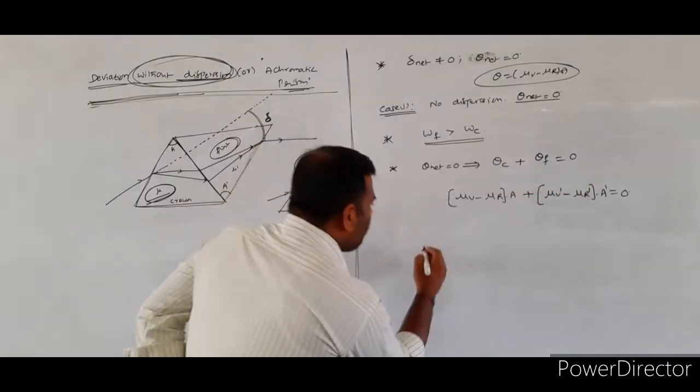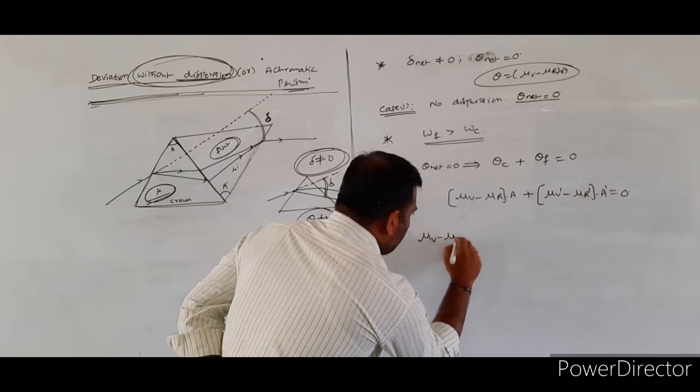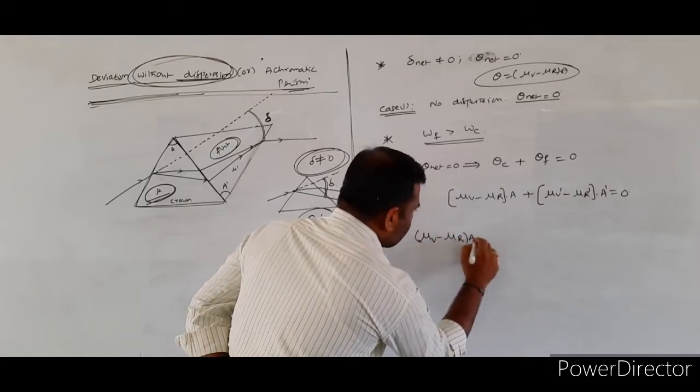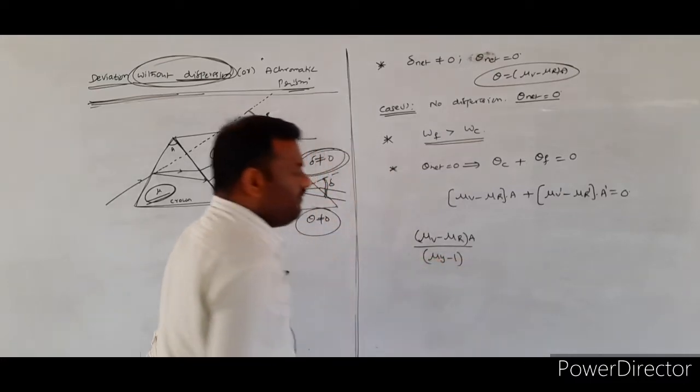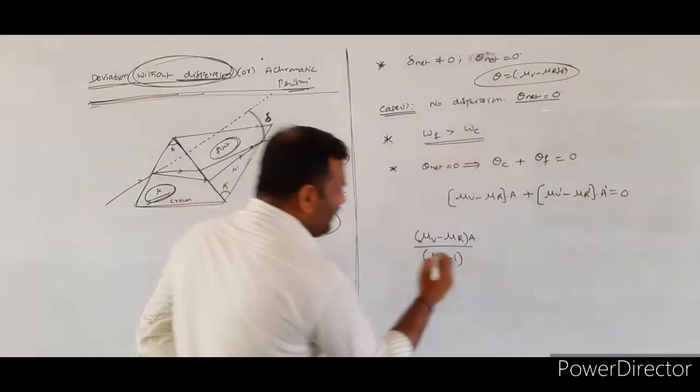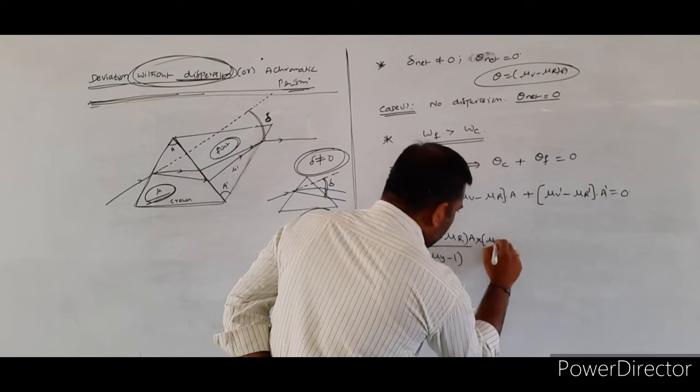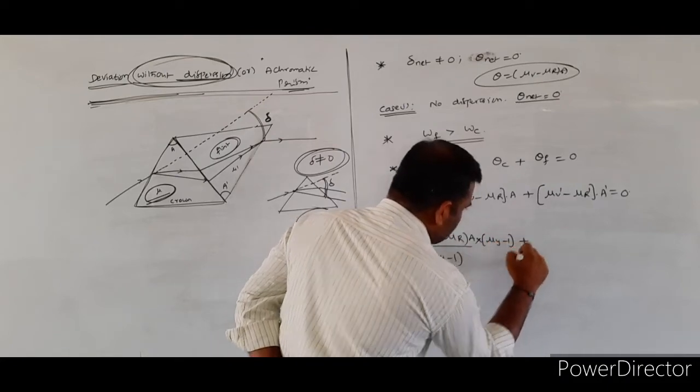See here, the first term, mu v minus mu r into A, will be divided by mu y minus 1 and also multiplied by mu y minus 1.